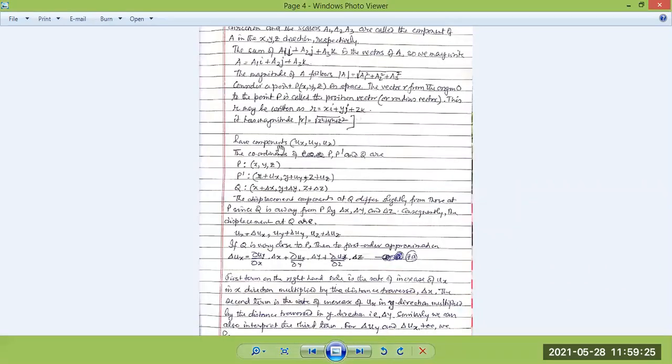Now, what is going on here? Let the displacement vector at P be, as we have just discussed, ux, uy, and uz. So the coordinates of P dash are x plus ux, y plus uy, z plus uz, because P is displaced to P dash, and the displacement vector from P to P dash is given as ux, uy, and uz.